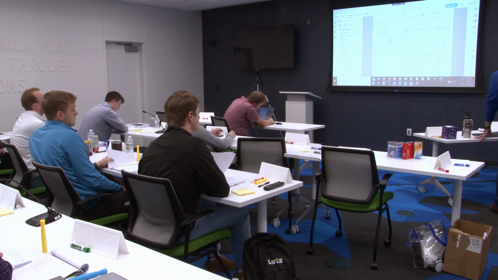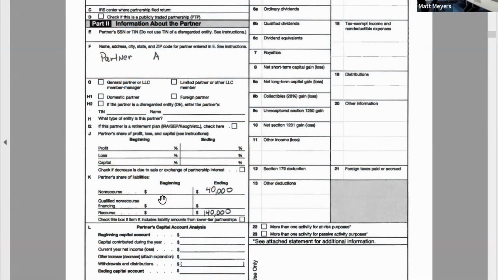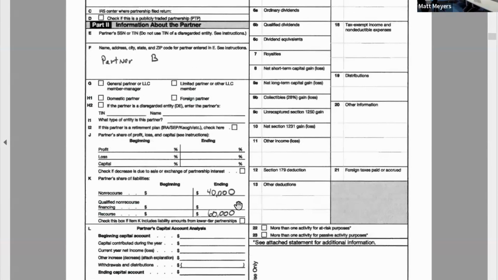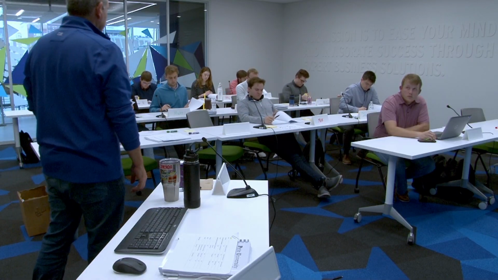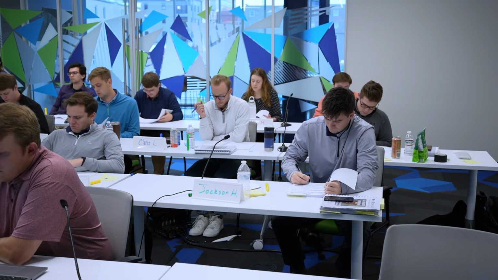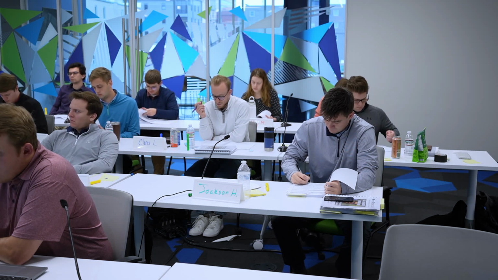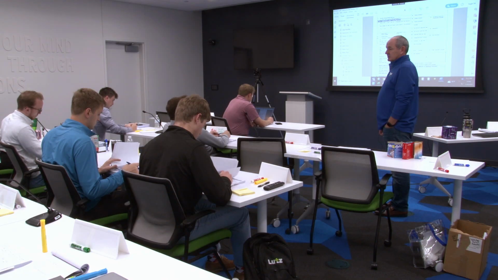Okay, so A has 40,000 of non-recourse, 140 of recourse, and B has 40 of non-recourse and 60 of recourse. Who agrees or disagrees that that's correct? Who has any questions at this point?